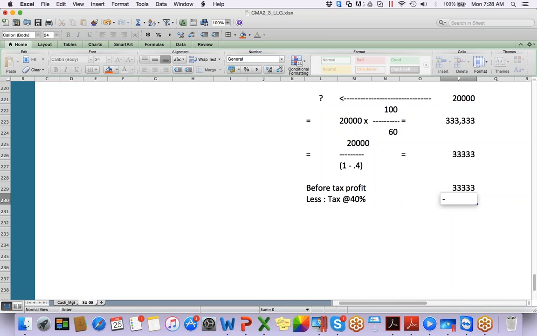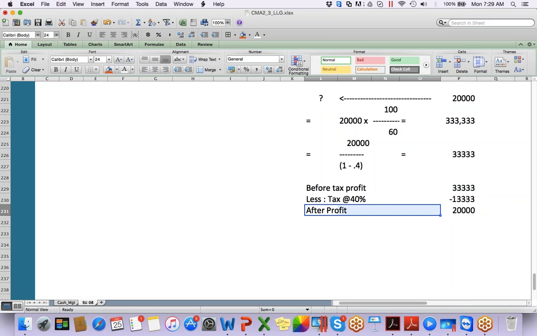So here this into 40%. Okay, then after tax profit: before tax profit minus tax. Hey, we got it. See, this way you should find out. This is right. Correct. Okay.